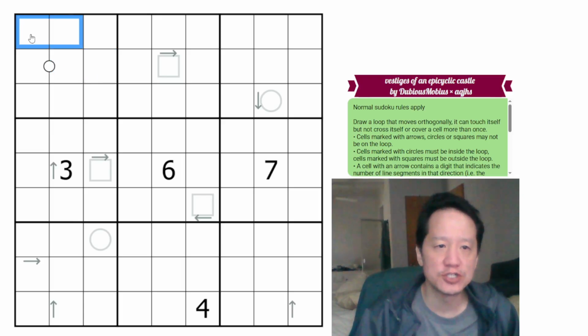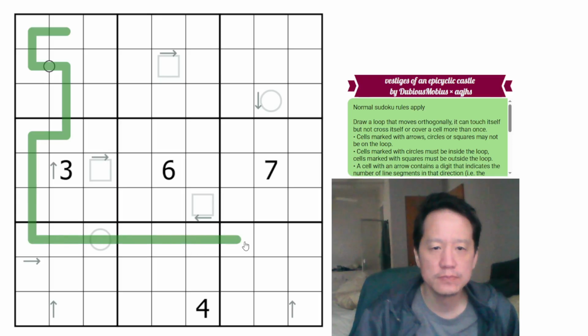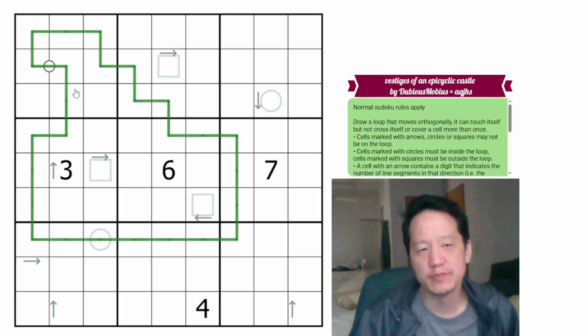So you could have something along the lines of a loop, something like this is valid.